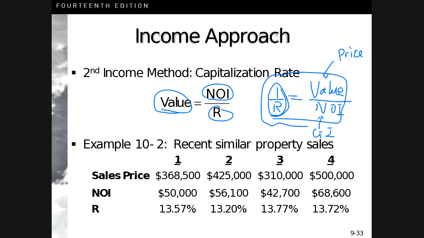Okay, let me put out a poll. Choice 1, you like the gross income better. Choice 2, you like NOI better. And choice 3, you like both, and you think you should always use both. Which one do you like?